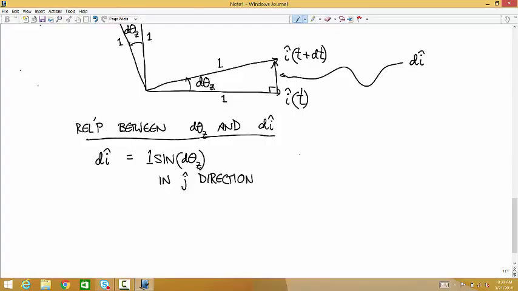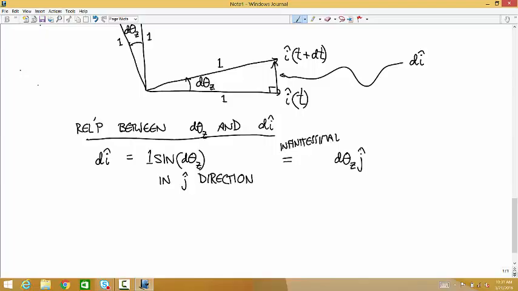And since this is infinitesimal, sine of d theta is equal to d theta, right? That's a small angle approximation. And so you get d theta z in the direction of j, so d theta z times j.